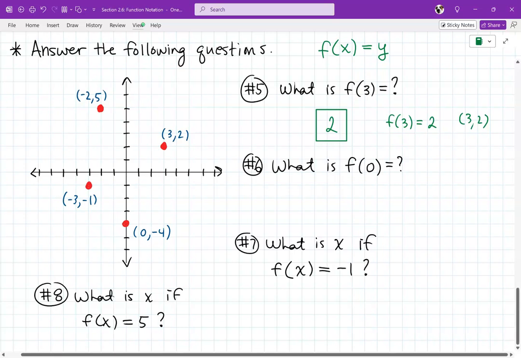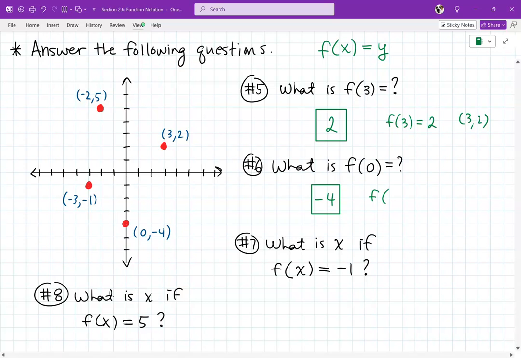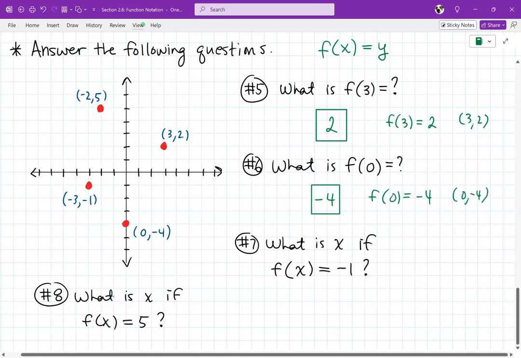What is f of 0? Negative 4. Because if x is 0, where the x is supposed to be, they're saying, when x is 0, what's y? Well, it's negative 4. So f of 0 is negative 4, because of this point right there.